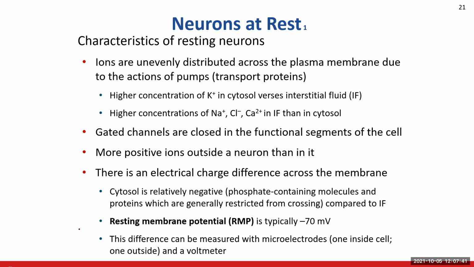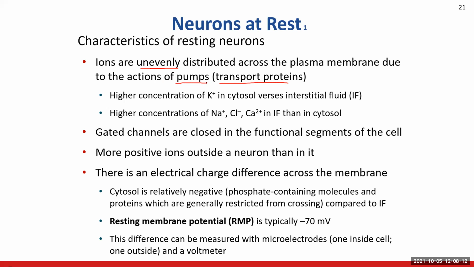All right, so in a resting neuron, we are going to see those ions that I just told you about, our banana floating in the ocean. We're going to see how they are unevenly distributed across the plasma membrane. And again, that has to do with our transport proteins, but specifically the pumps, those sodium potassium ion pumps, and also the calcium pumps down in the synaptic knob.